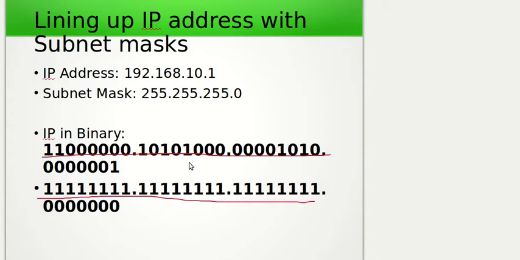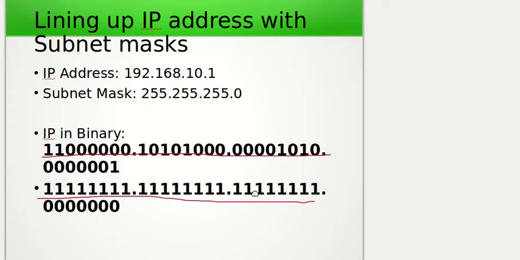In decimal terms, which is easier, any device in the same network as this device has an IP address that has to begin with 192.168.10. And that's very simple to understand.